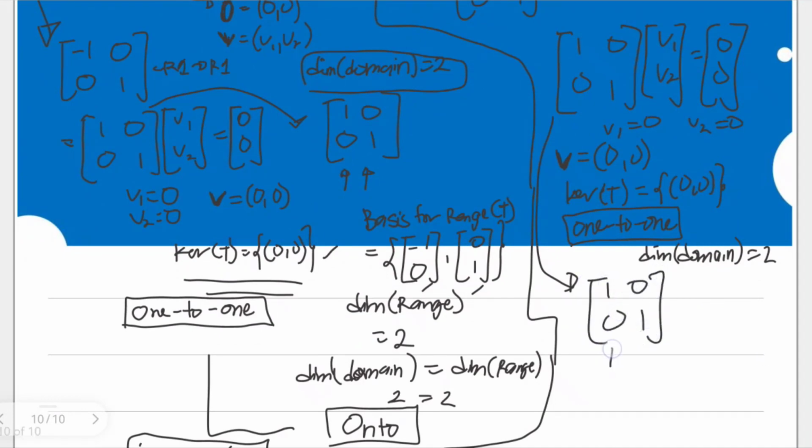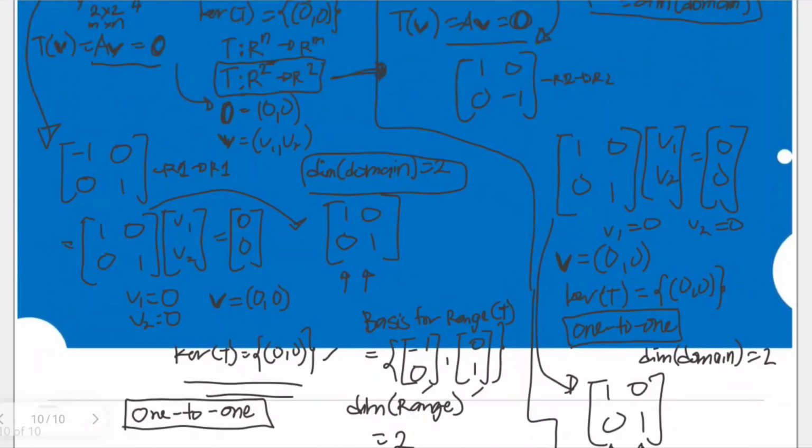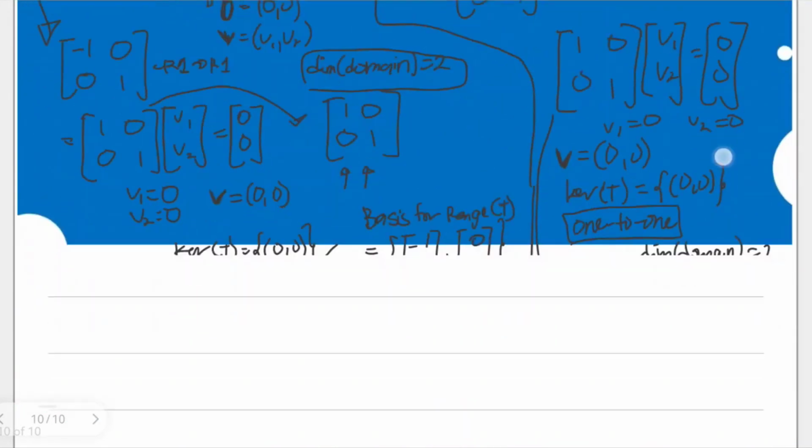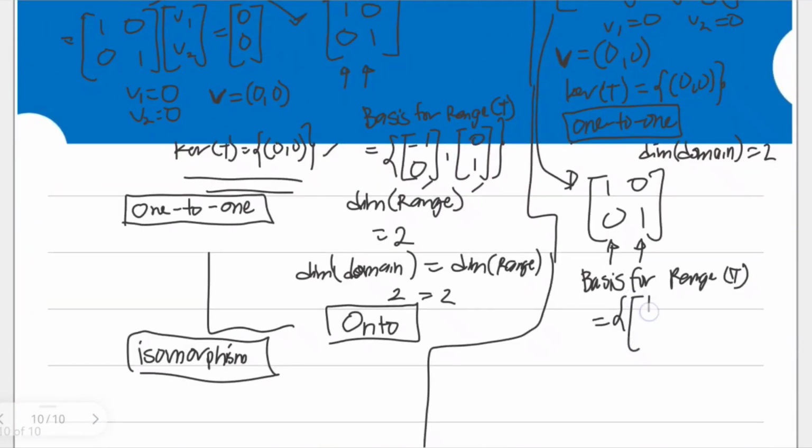We have 2 columns containing leading ones. In short, our basis for the range of T in this case is a set containing the 2 columns of our initial matrix. You will have here 1, 0 and 0, negative 1.